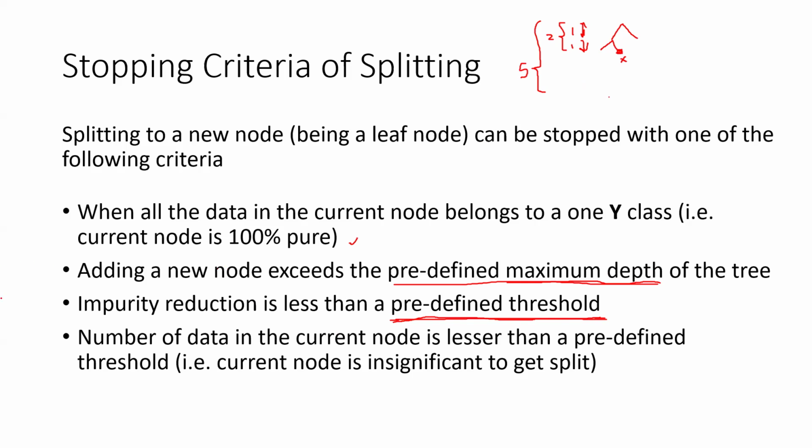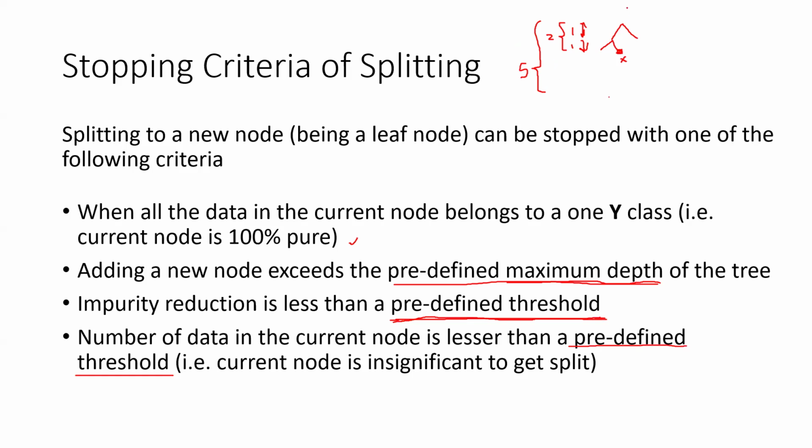And when you come to a certain node and you find that the number of data points in the current node is lesser than a predefined threshold, this is another predefined threshold, known as the minimum number of data, right?